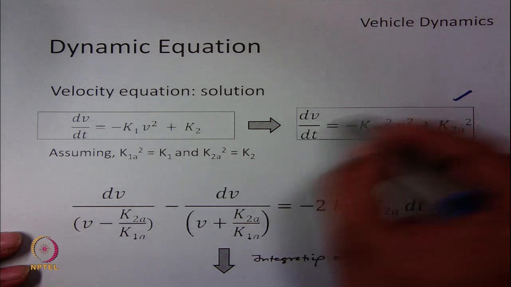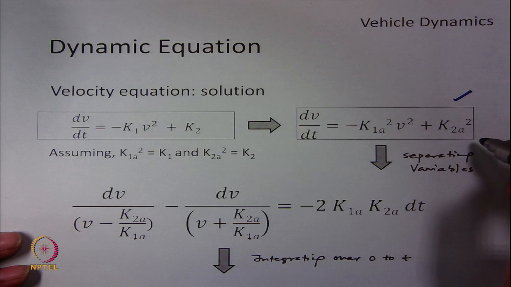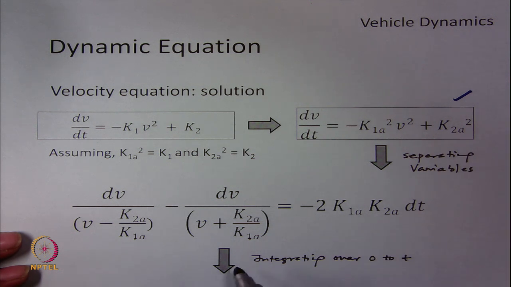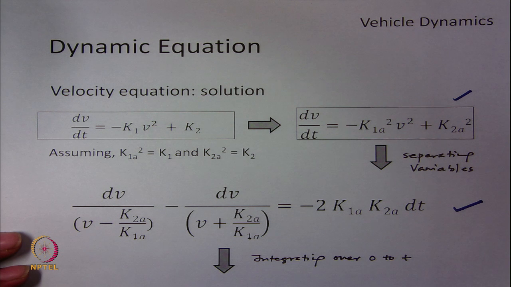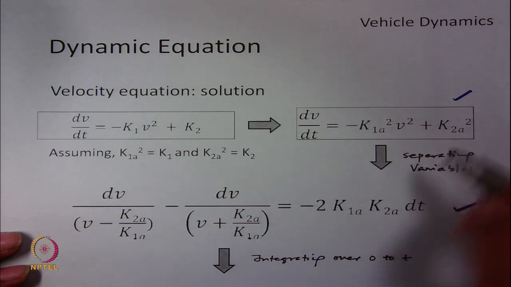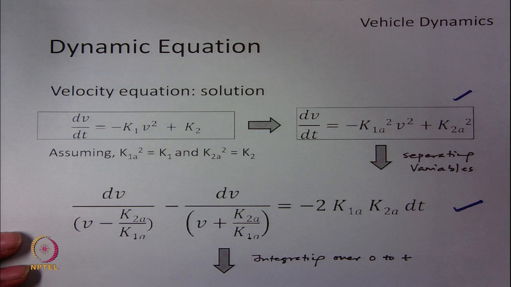So, once this equation is there, we can rewrite this equation in this way. So, this is the separating variables method, and we want to understand the variation of velocity with respect to time.